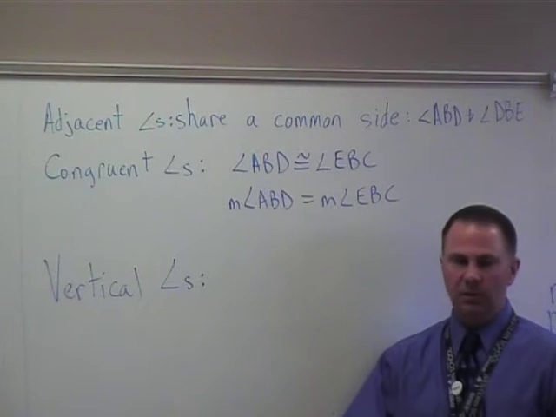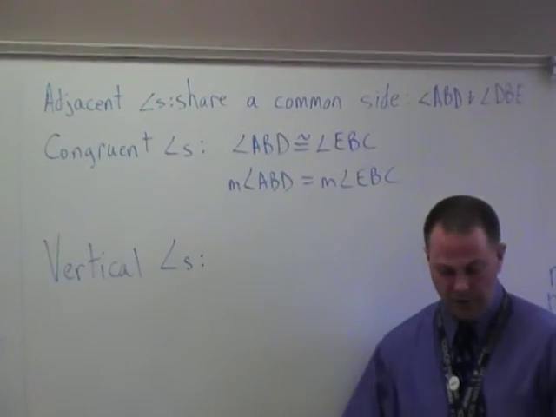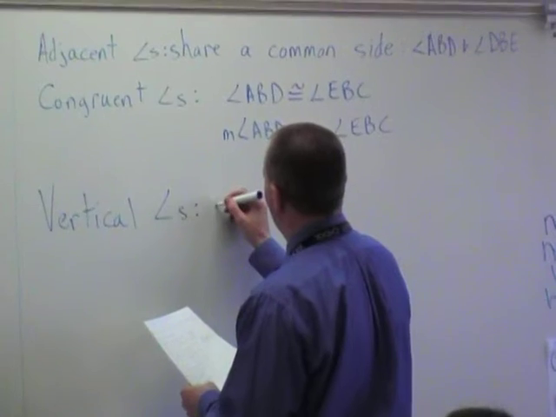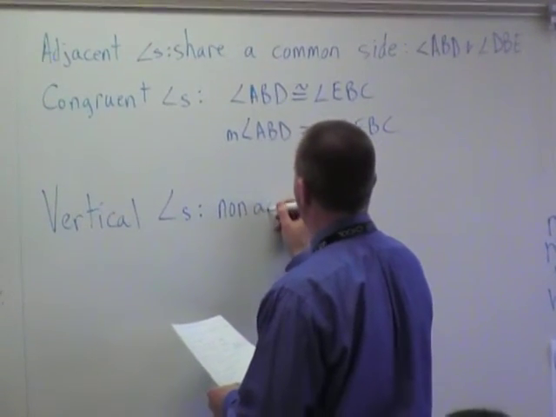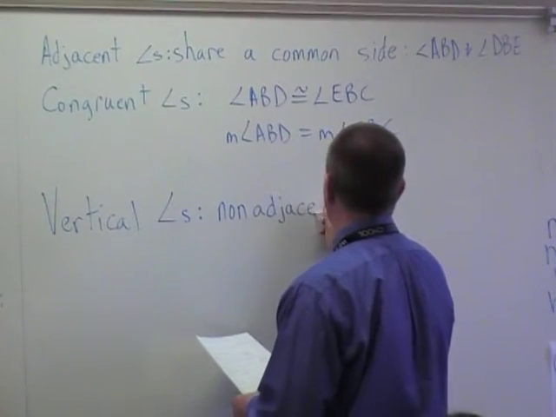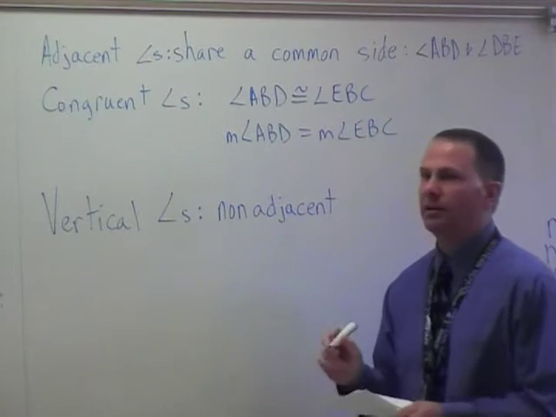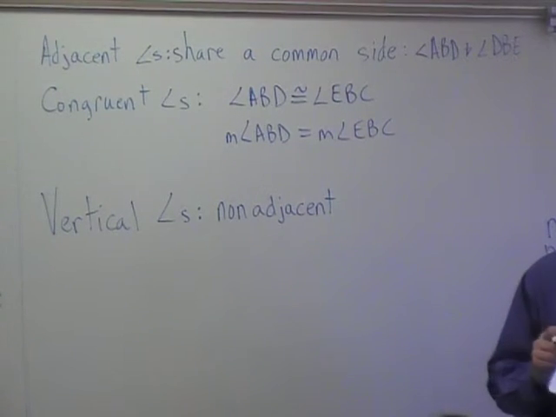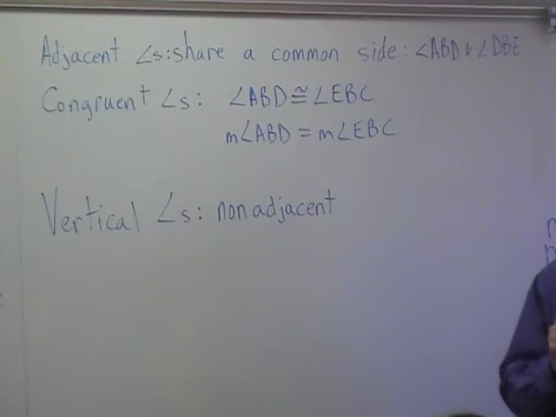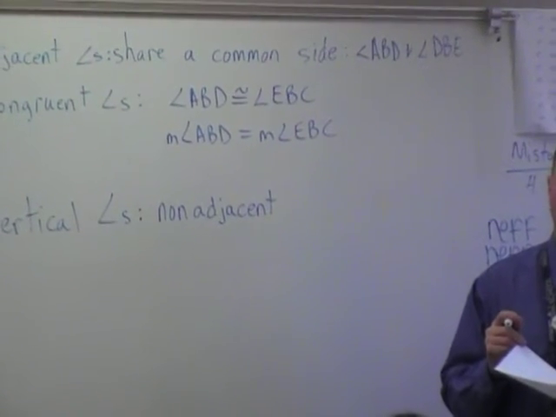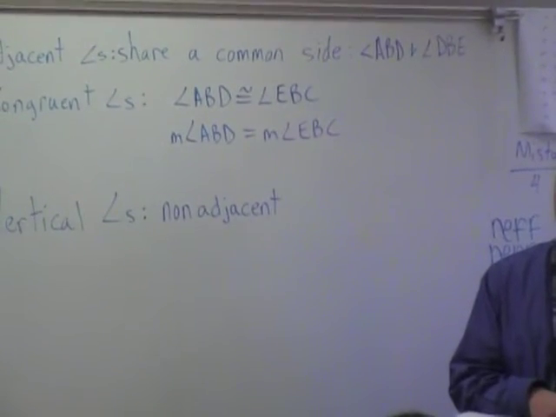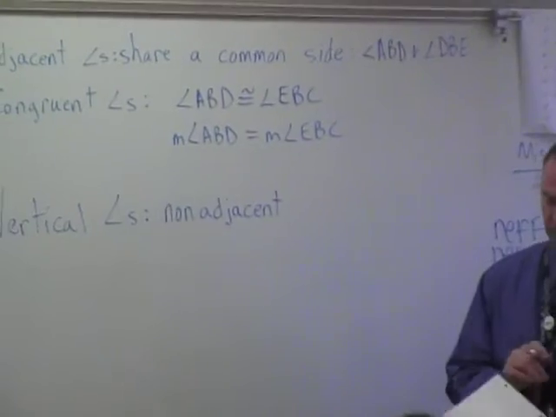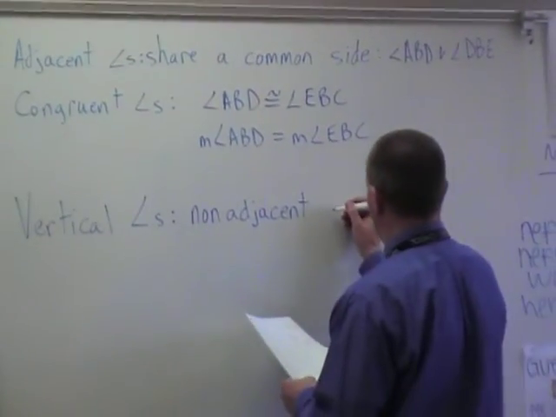Now, vertical angles. Vertical angles are non-adjacent. So what does that mean? They do not share a common side, so do not give me two angles that share a common side and call them vertical. So they're not adjacent angles.